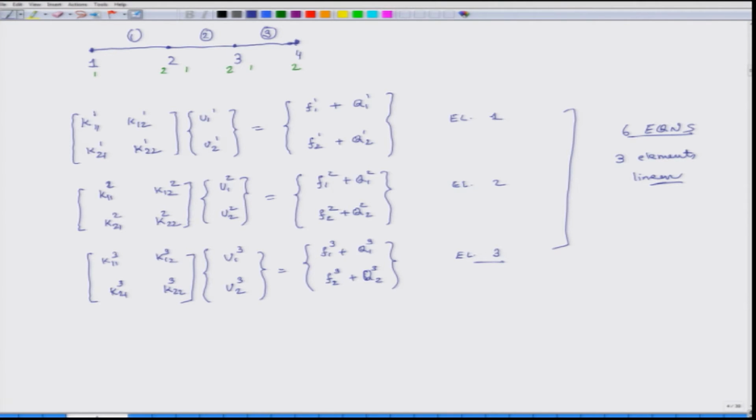So, we do that by understanding 2 important principles. The first principle is that because in element 1 and in element 2 these nodes are physically connected, it means that the displacement of U2 is same as displacement of node 2 of first element and node 1 of second element. Okay. Now suppose there was a crack here, then we could not have made this assumption.